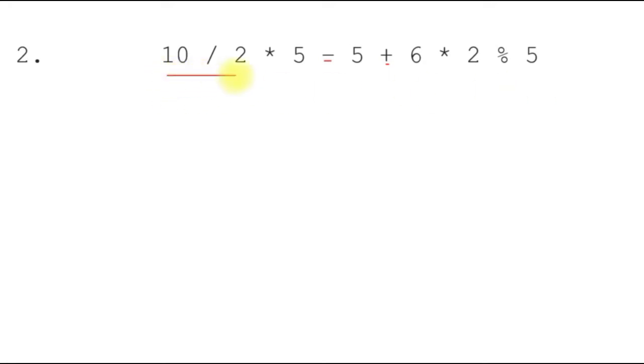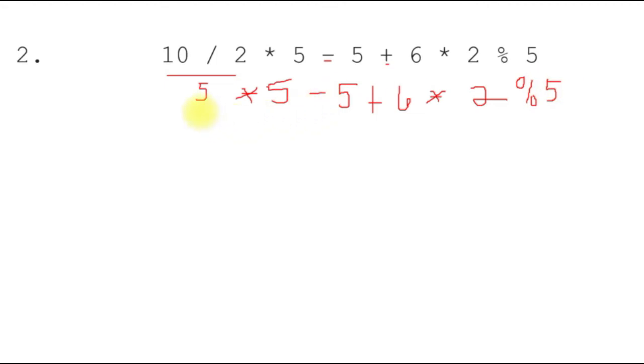So 10 divided by 2 is 5, times 5, minus 5 plus 6 times 2 modulo 5.